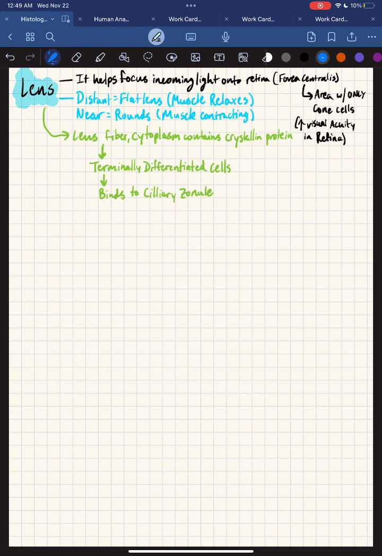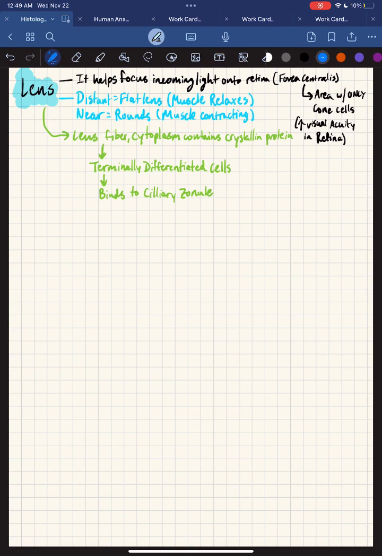When we talk about the layers, we're not talking about outermost or innermost or most superficial or most profound. In this specific situation, we'd be talking about direction. One end of the layers is going to be facing towards the lens, and the other side is going to be facing towards the choroid and the vitreous humor.